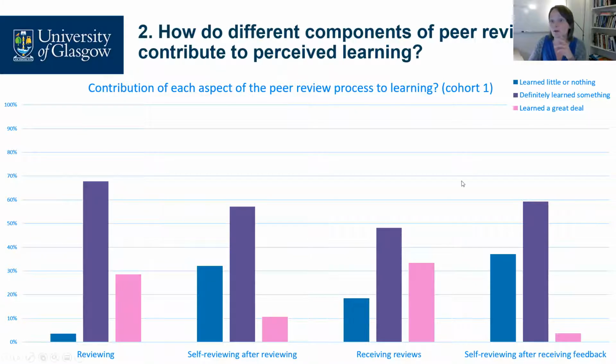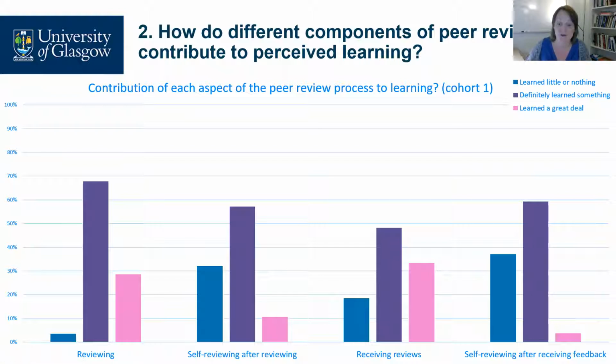But for this cohort 1, they're thinking about their own paper in relation to the rubric, the assessment criteria. Thirdly, receiving reviews. Other students have written reviews about their work and they're reading through those. And finally, self-reviewing after receiving feedback. After receiving the reviews, they're asked to write down their own comments on their own work in light of the feedback from peers.